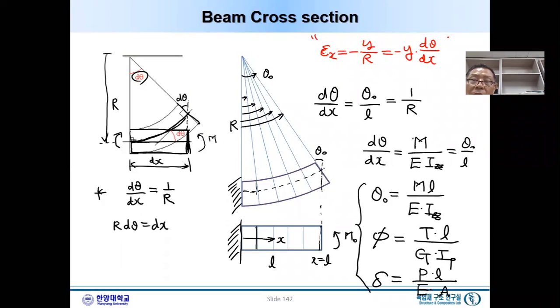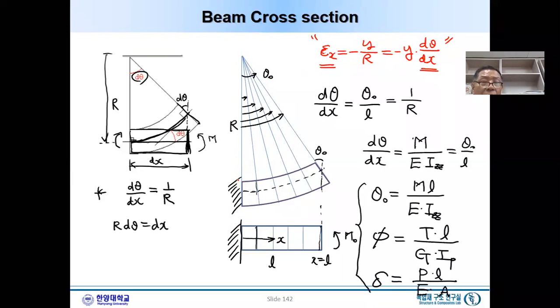This is the strain and deformation relation. So let's try to obtain these relations.